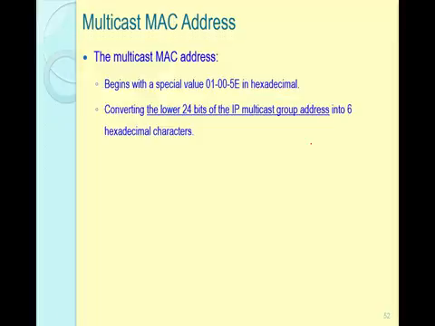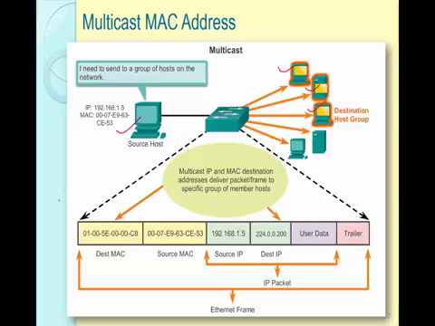Well, to indicate a multicast destination address, it begins with these 3 bytes, 01005E. For the remaining 3 bytes, however, it gets these from the destination IP address, which, as we will see later on when we discuss IP, is a multicast IP address.